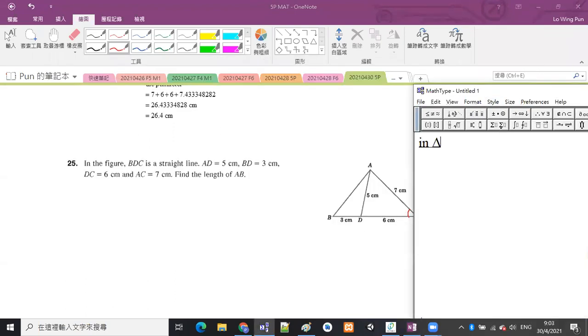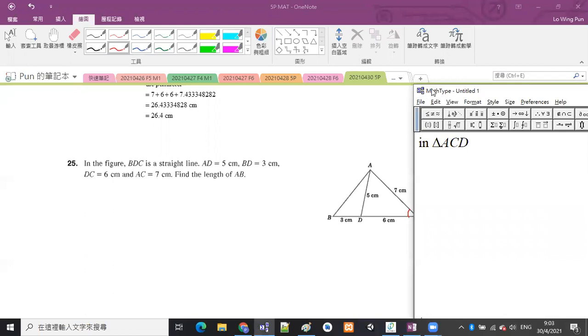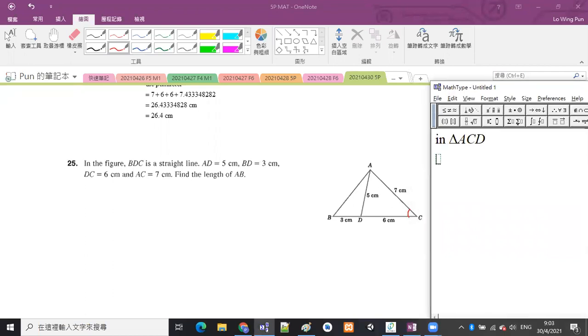Okay, so let's start working on this. In triangle ACD, yes, because we have three lengths here. I want to find an angle this time, so I start with cosine angle ACD. Cosine angle ACD is equal to a fraction.